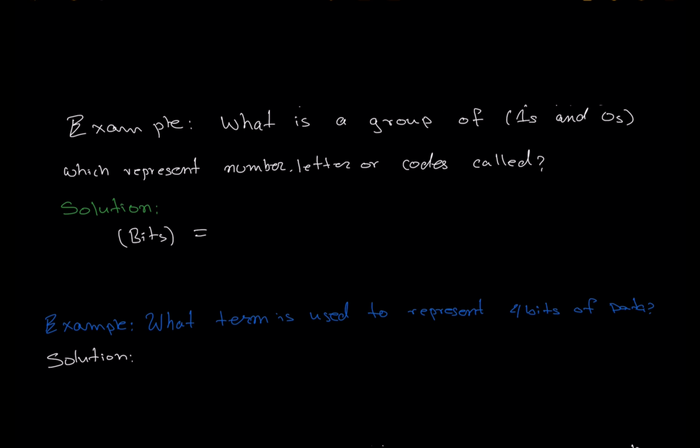But with the complex system of the computer, we will call it a word. A word consists of 16 bits, 32 bits, or 64 bits. So we can say, for example, a 16-bit word. That will represent a number, letter, code, and anything.